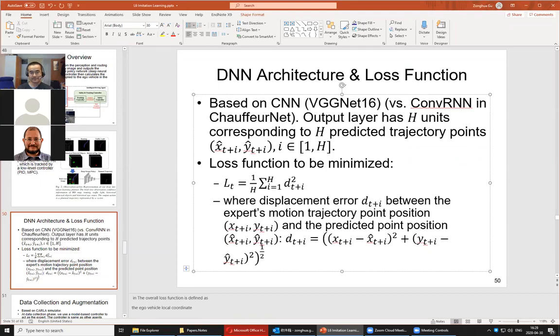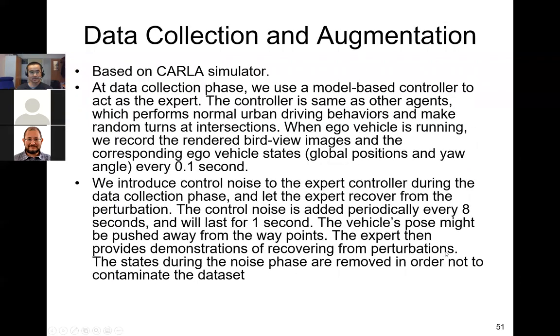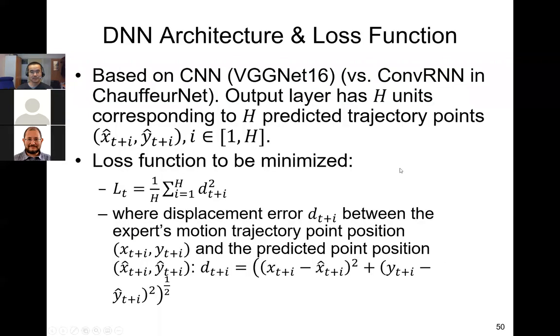So that part is different. So the output has each hidden unit corresponding to each predicted trajectory point.